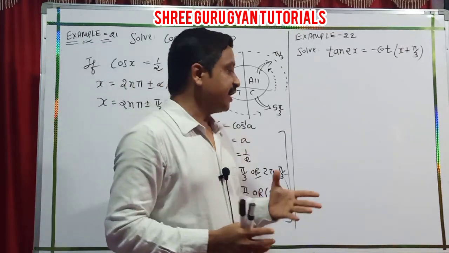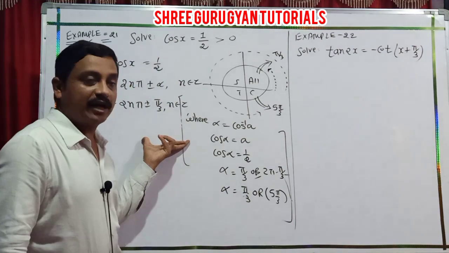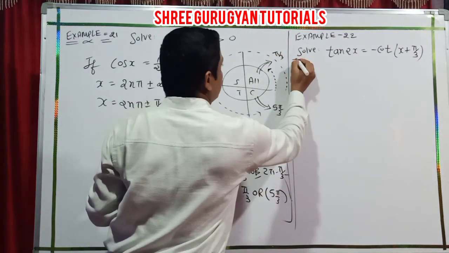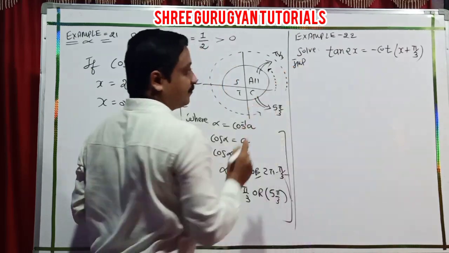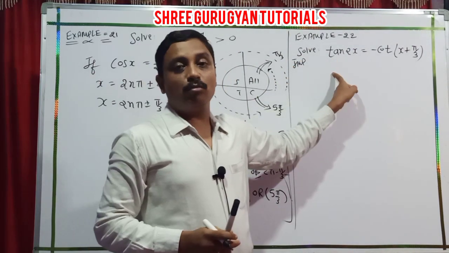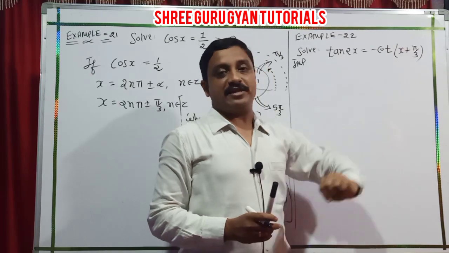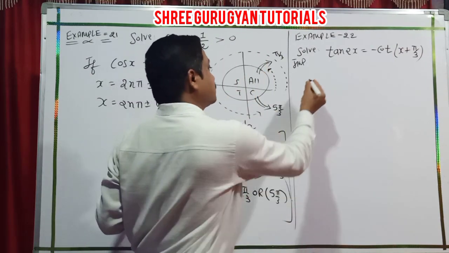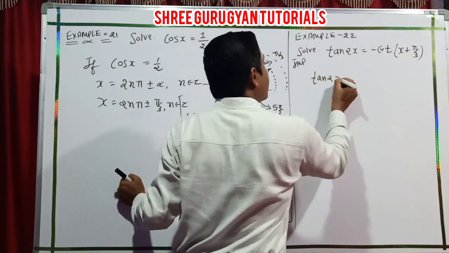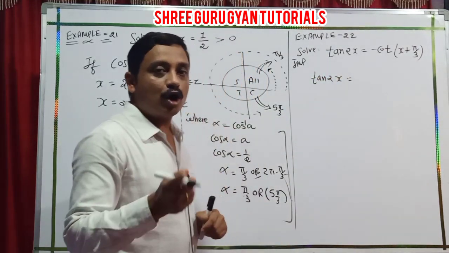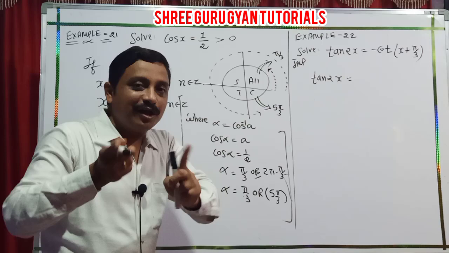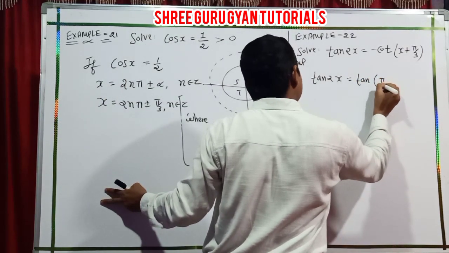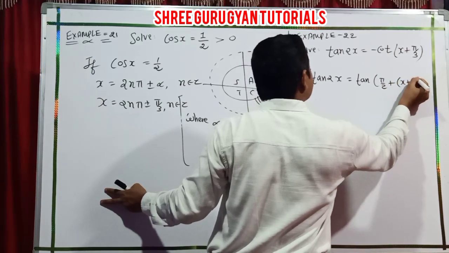Now students, after ending example 21, I am going ahead to 22. This 22 is also an important question, exam level. Tan 2x equals minus cot of x plus pi by 3. First of all, convert cot and tan into the same terms. Is it possible? Yes, possible. Cot can be converted using 90. So here tan of 90 plus the given angle.